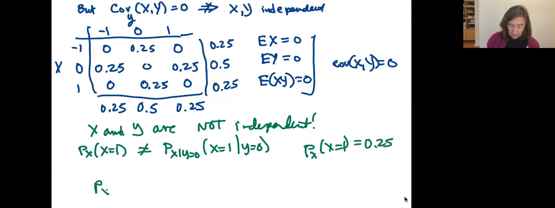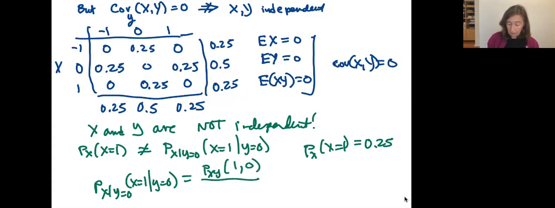The probability that x equals 1 conditional on y equals 0 is the joint probability, x equals 1 and y equals 0, divided by the probability of the conditioning event, the probability y equals 0.